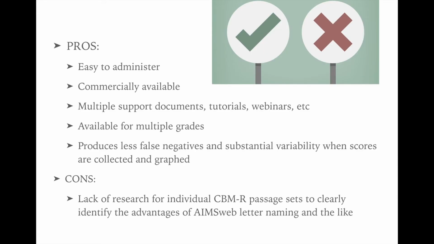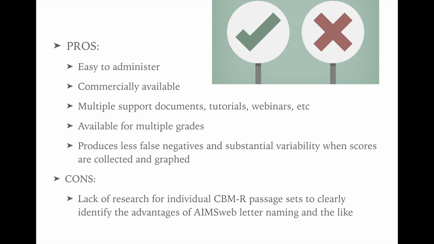The advantage of the AIMSweb passage set and AIMSweb overall is the fact that it is readily available for purchase and use, as you are able to administer the test electronically and on paper and can be used for multiple grades. It is cost effective for a range of schools. Furthermore, the AIMSweb website provides multiple support documents, tutorials, training, and webinars for teachers, parents, and other professionals like yourself.